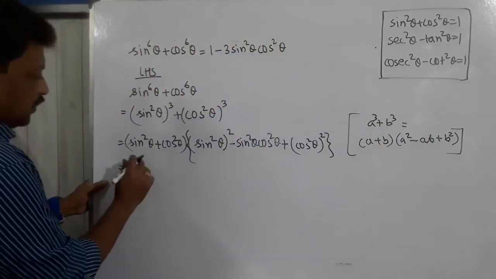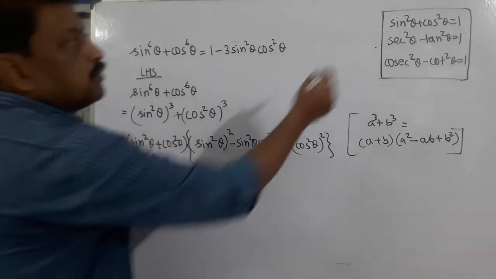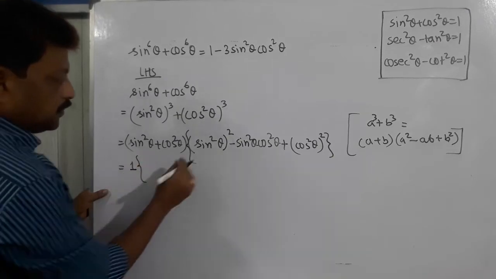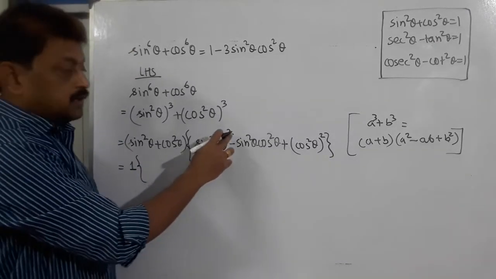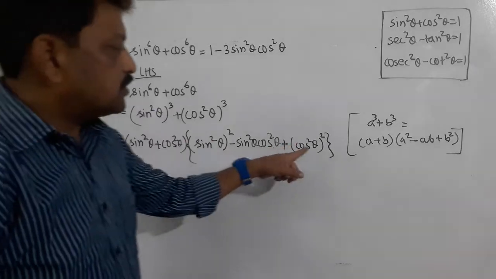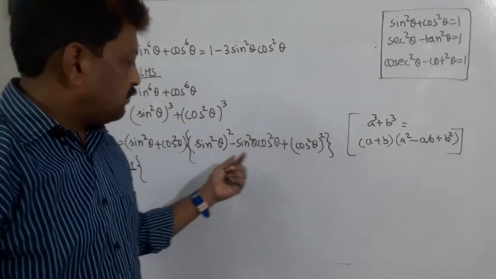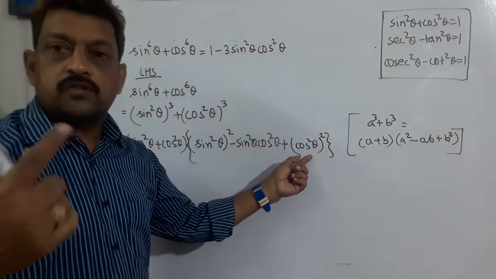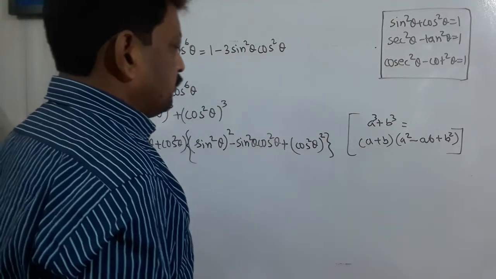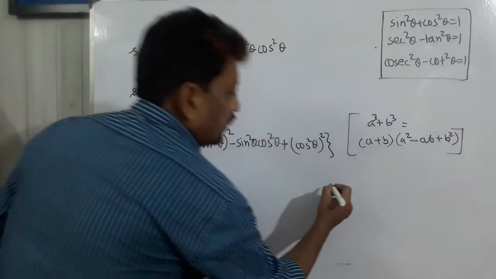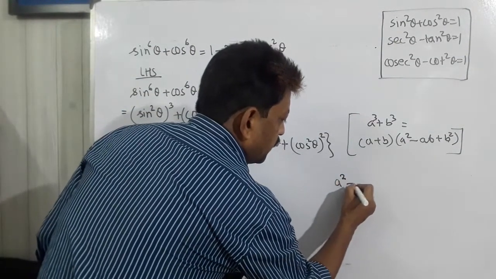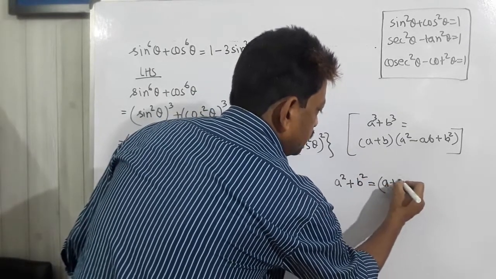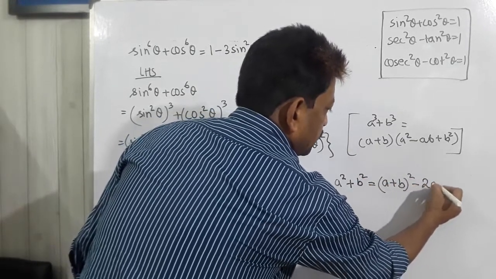Now what is sine square theta plus cos square theta? We can write 1, so let it be 1. Sine square theta plus cos square theta is 1, but here it is sine square theta square plus cos square theta square. So here again I am going to use the identity, that is a square plus b square can be written as a plus b whole square minus 2ab.